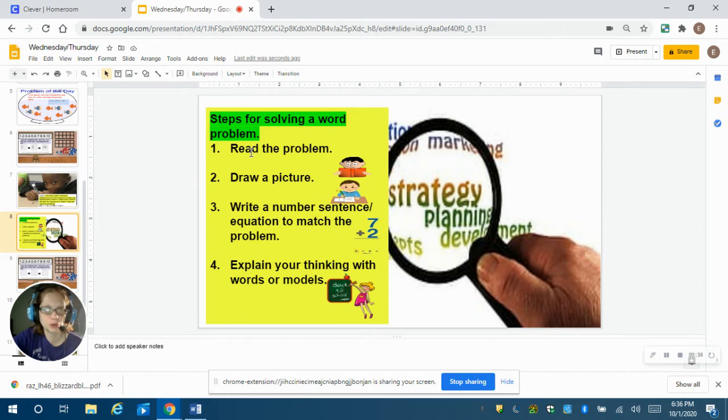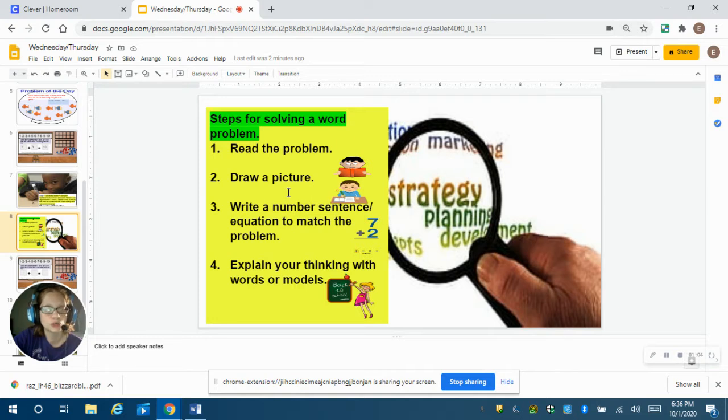Steps for solving a word problem. First, we read the problem. We think to ourselves, what is the problem asking me? The second step is to draw a picture. Draw a picture. That's right, because you're trying to create a visual of the story.